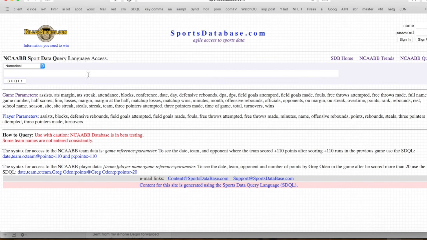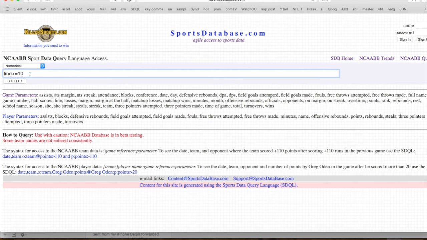You really want to learn the language, and in particular NCAA database, they say is in beta testing, but it's a pretty good guideline. Let's say we want to look up a team that is a big underdog even though they're hot. And again, this is where algebra, I was one of those people who thought I would never use algebra ever again, but now I use it on a daily basis thanks to Sports Database. This says a double-digit underdog.